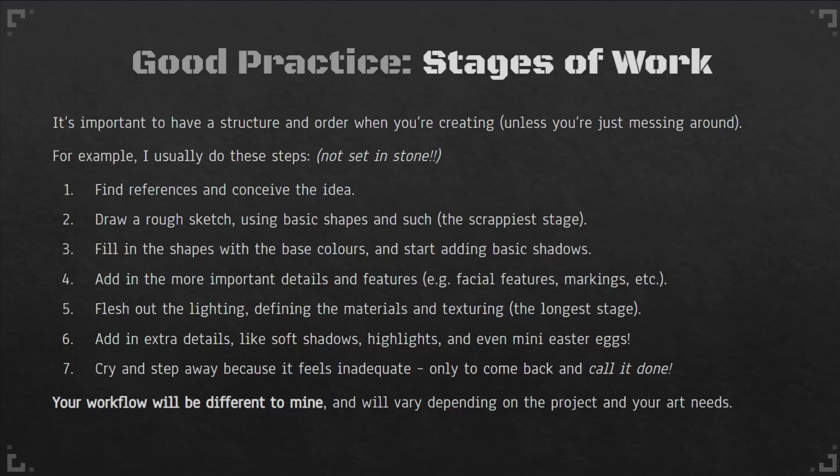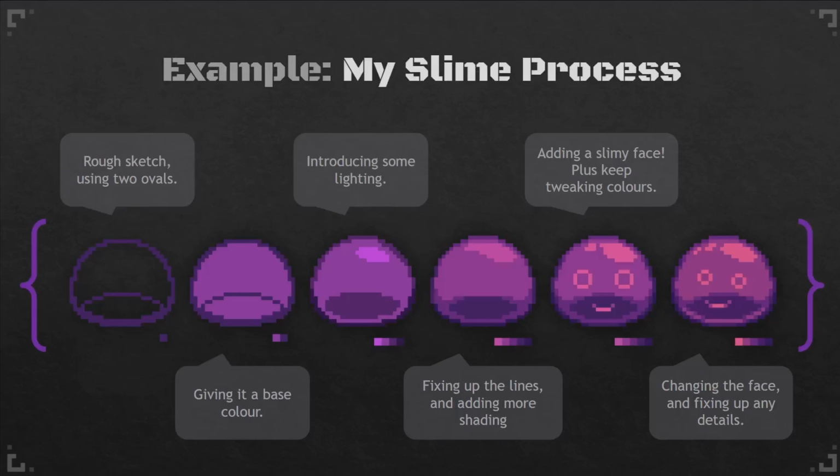First of all, I try to find some references and conceive the idea. Actually, better yet, I'll explain it here. So this is my slime. You can see he's a little purple dude. And you can see the sort of steps I've taken. In the first stage, I did a really rough sketch. I just used 2 ovals, and then I started messing around with it.